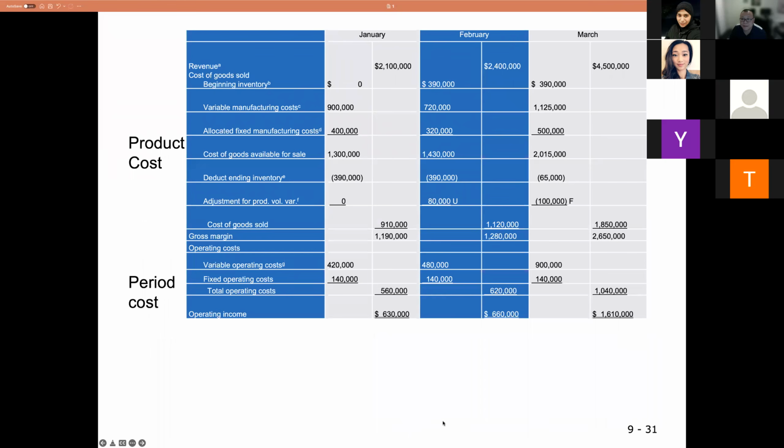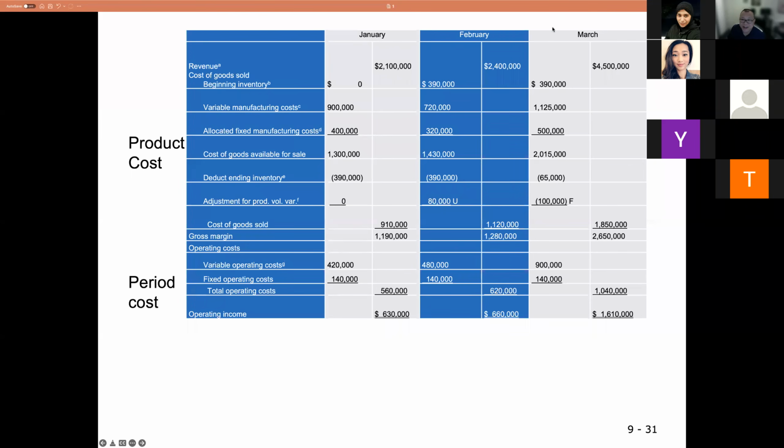Why are we adding the unfavorable variance, but in March we are deducting the favorable variance when making the adjustment for PVV?